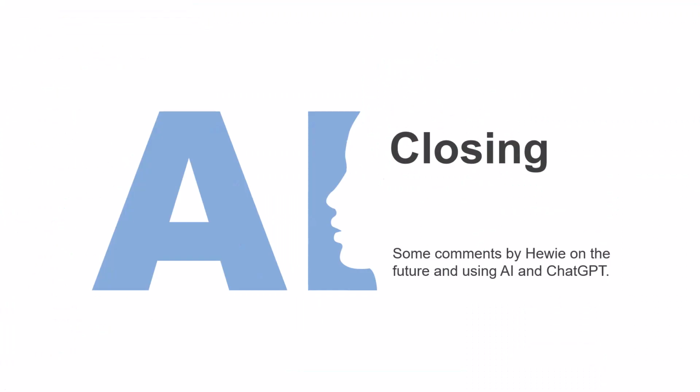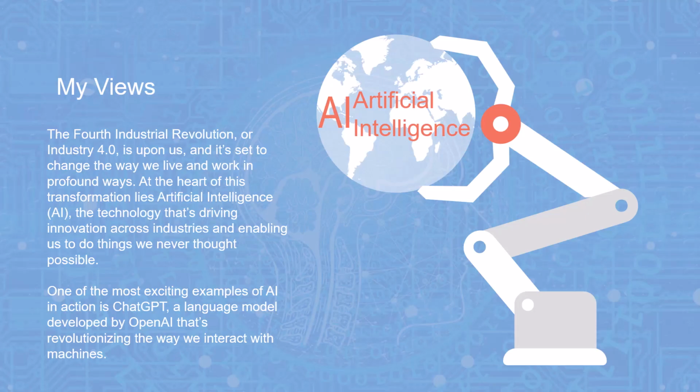In closing, some comments by me, Hewie Poplock, on the future and using AI and ChatGPT. The fourth industrial revolution, or Industry 4.0, is upon us, and it's set to change the way we live and work in profound ways.